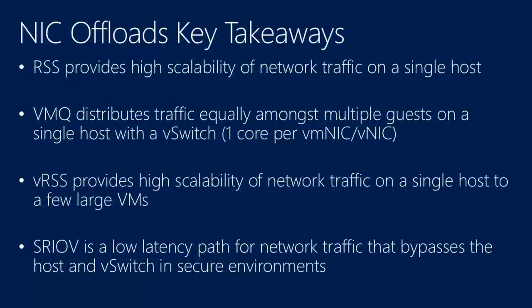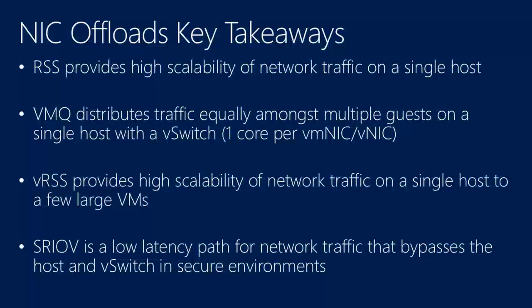So the NIC offloads takeaways I have here. The 4 technologies I covered were RSS, VMQ, VRSS, and SRIOV. RSS is on a physical host and provides high scalability of network traffic.